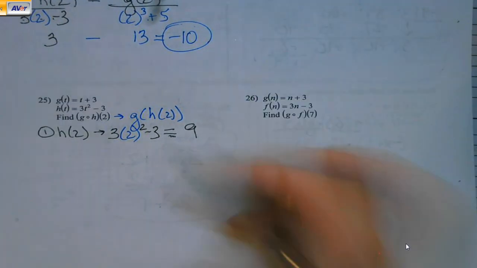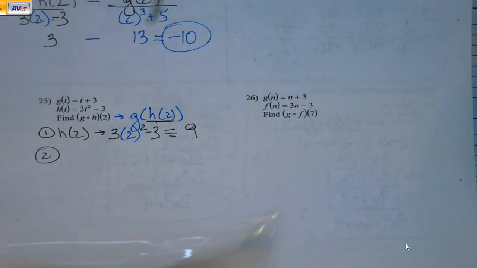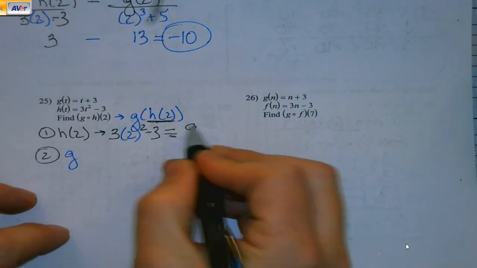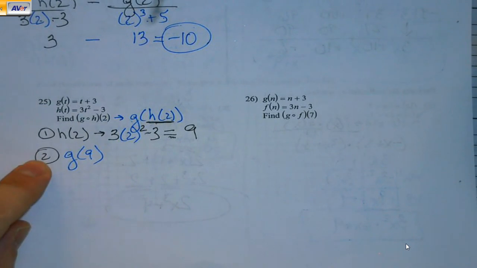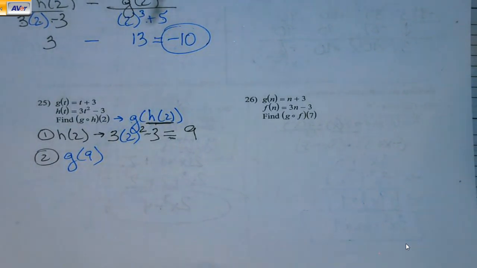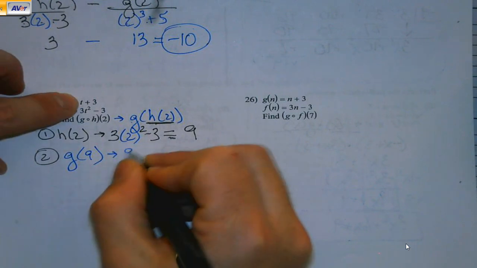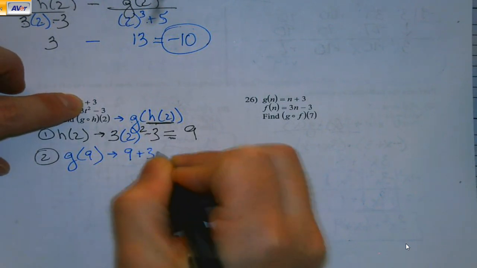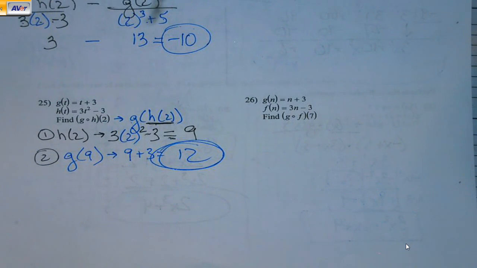Well, now I know what this is. So my last part is going to be to find my g function at that answer. I got to do the first step before I can do this. I'm working my way inside out. So there's my g. I replace the t with 9. Copy the rest. And get my answer. So the numbers play a little bit differently than the letters do.